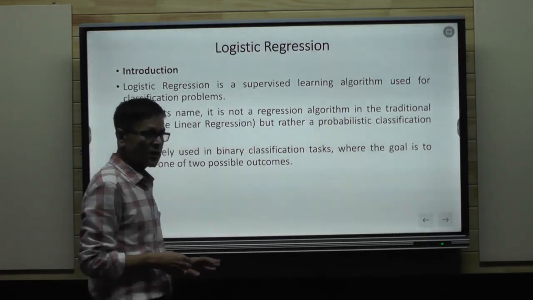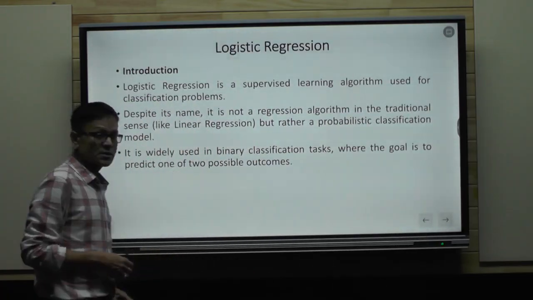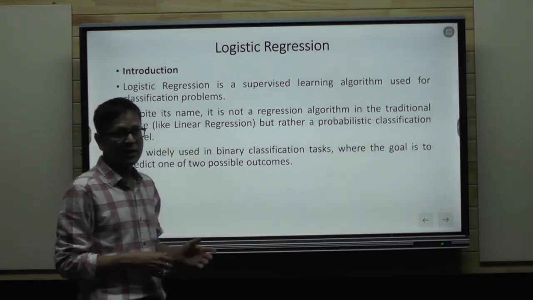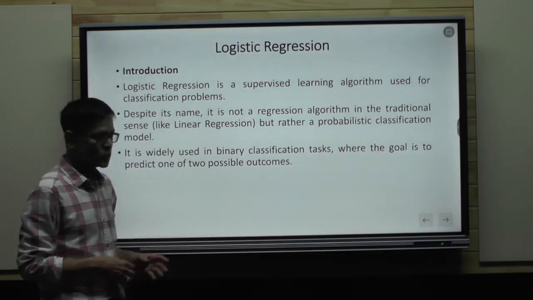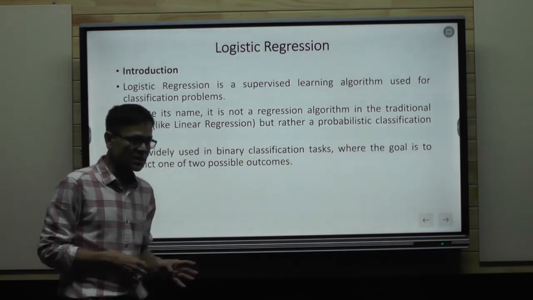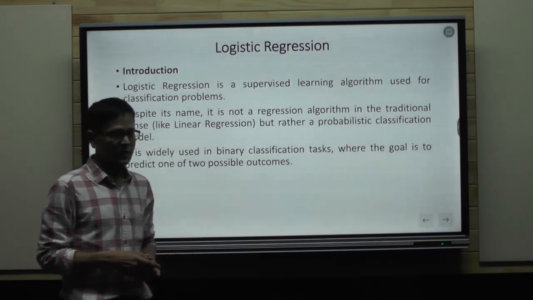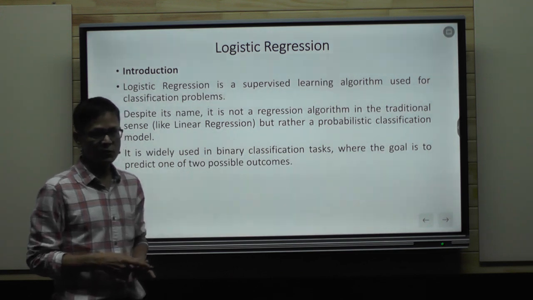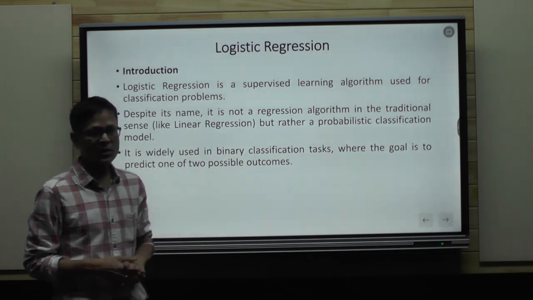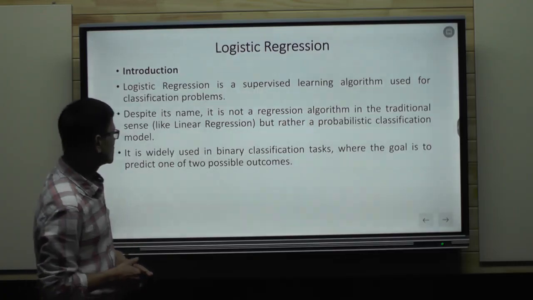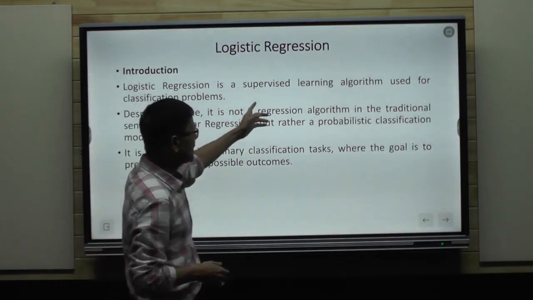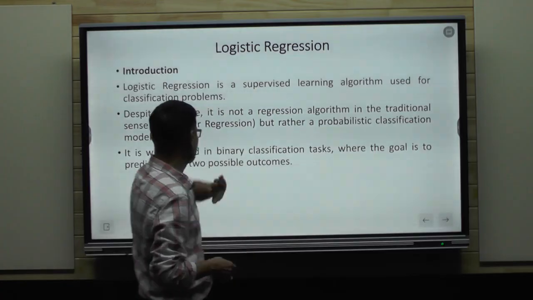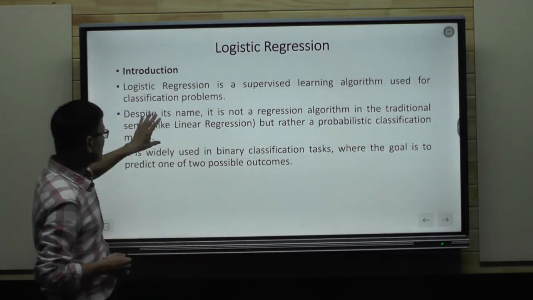So the thing is, logistic regression is a kind of supervised learning algorithm. In the previous lecture we discussed that there were mainly three techniques: supervised, unsupervised, reinforcement, and the fourth one was semi-supervised. This belongs to the supervised learning algorithms.